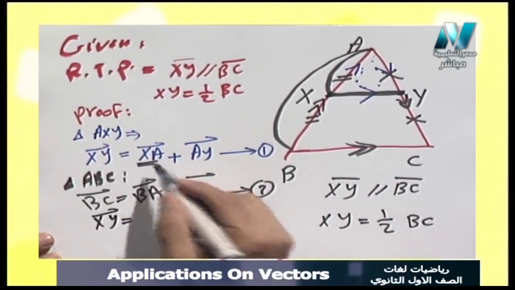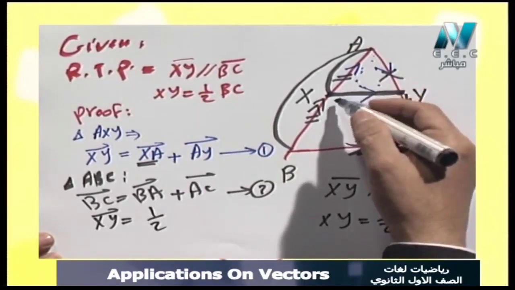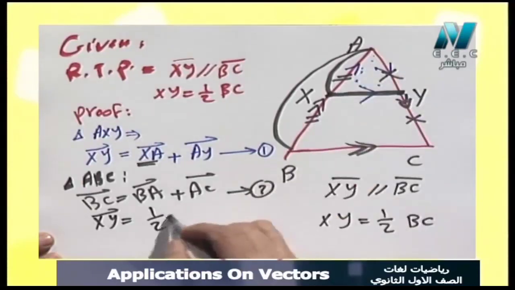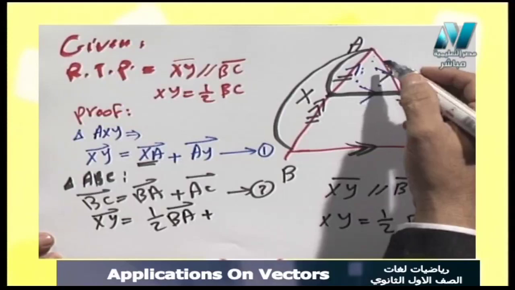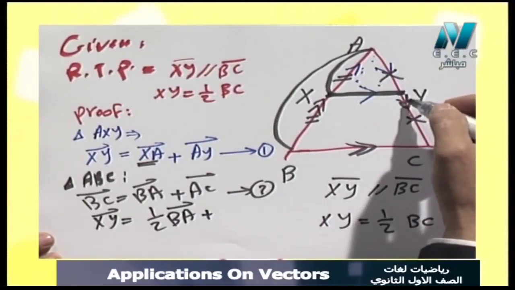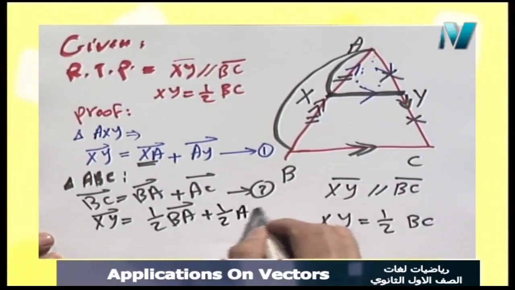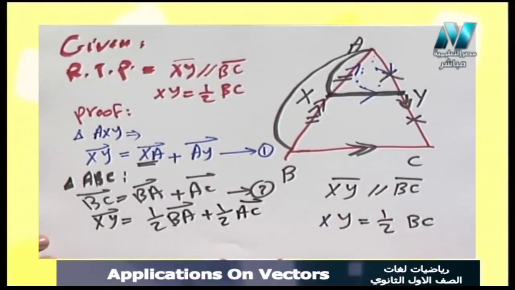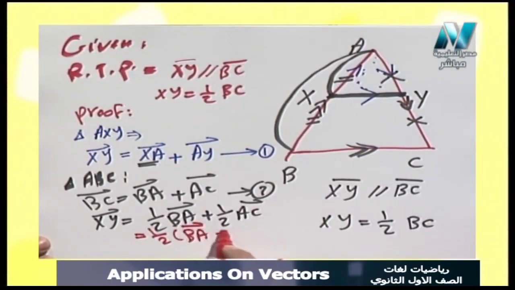XA is half the vector BA, and AY equals half the vector AC, and by taking the highest common factor, which is half here, half of BA plus AC.